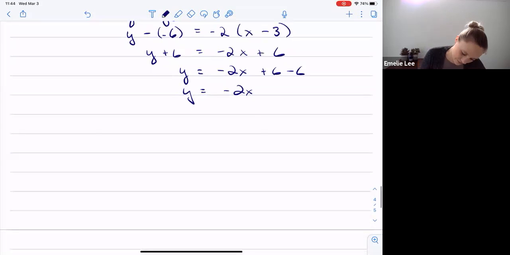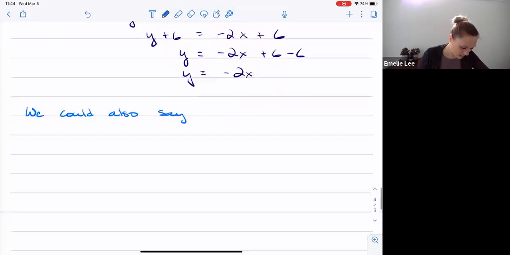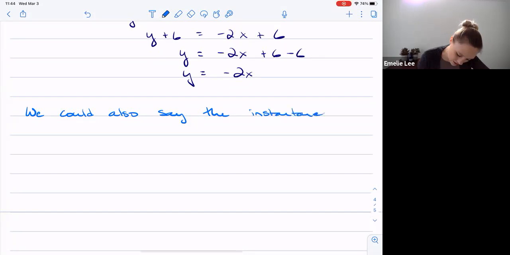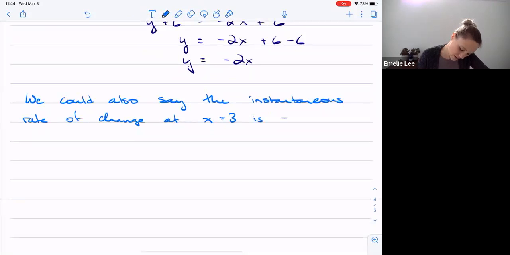So we could also say the instantaneous rate of change at x equals 3 is -2. Good.